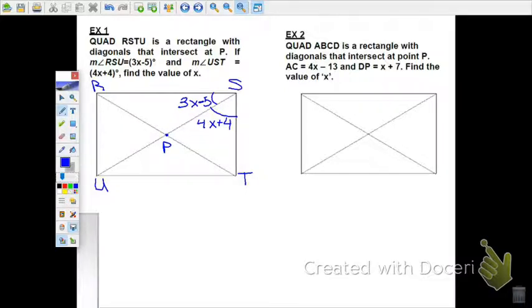So if we're looking at those properties of rectangles, what property could we apply to this problem that would allow us to write an equation and solve for x? 4 right angles. Okay, rectangles have 4 right angles. So angle RST is a right angle. So these 2 smaller angles must add up to 90.